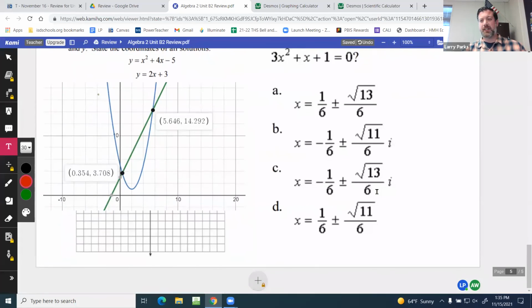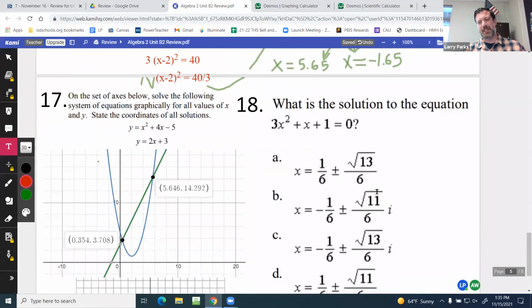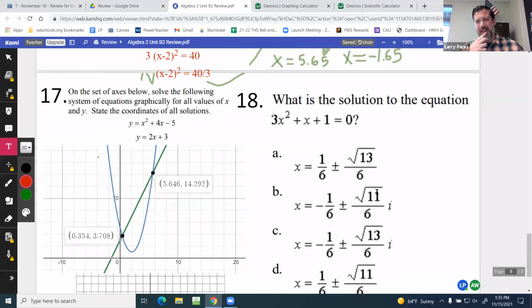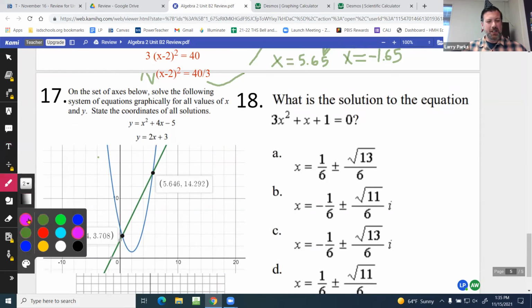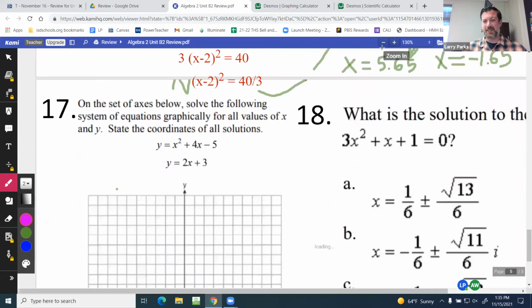And then another question involving i. I feel like I've done enough examples involving i. This is where I would probably plug into what's called the quadratic formula. I'll just get the answer real fast as I can, I guess.